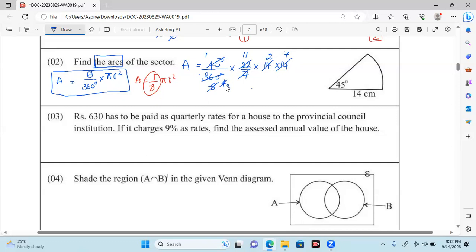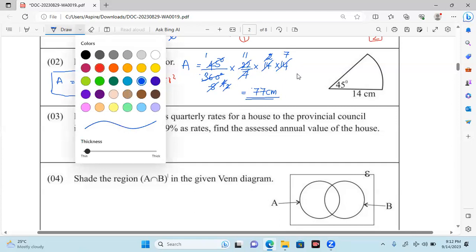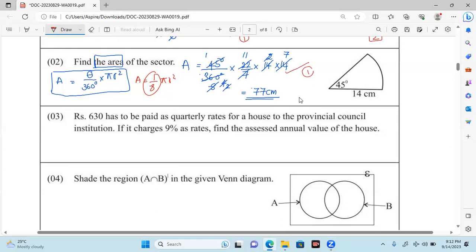Then the 2 and 2 cancel. 11 into 7, the answer is 77 centimeters. For writing this calculation step, you are given 1 mark, and for the answer 1 mark, altogether 2 marks.